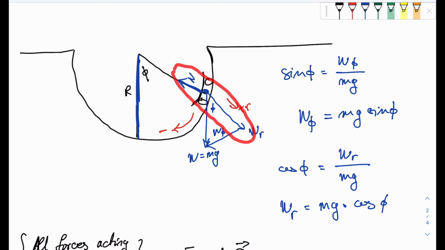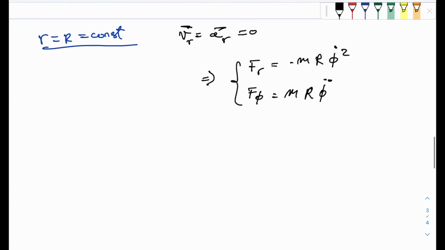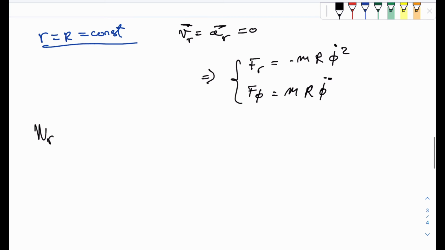We have the weight in the radial direction minus the normal force, which are going to compensate for minus m R phi dot squared.